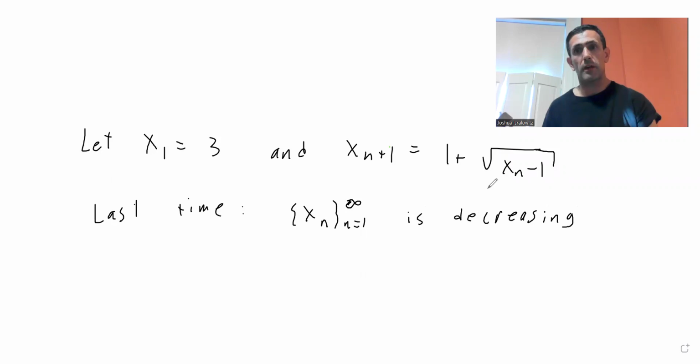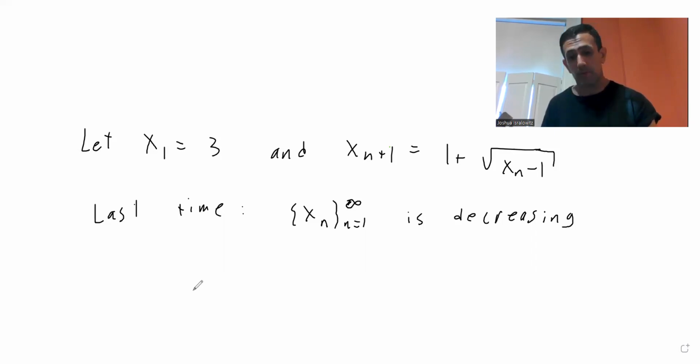Well, one fairly obvious lower bound, technically you should prove this by induction, but by really easy induction, xn is always going to be bigger or equal to 1.